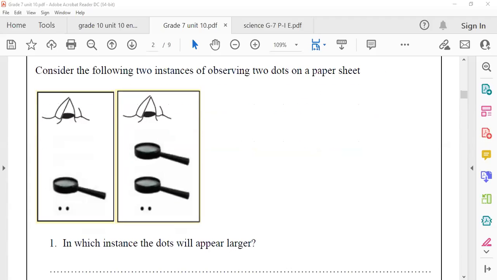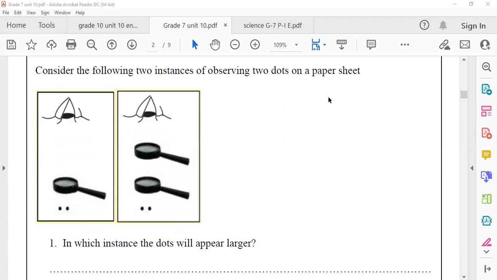Gap is increasing means resolution power is increasing. Clear? Right. This is the one they want you to do here.